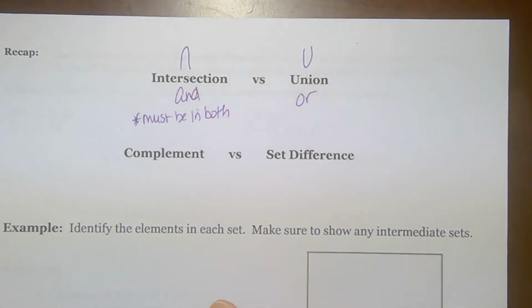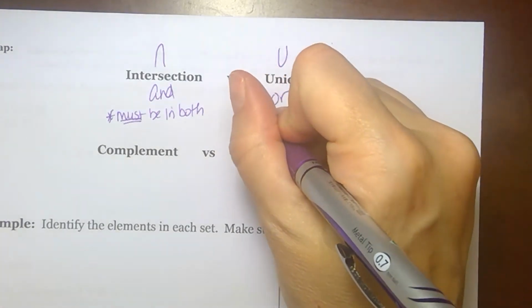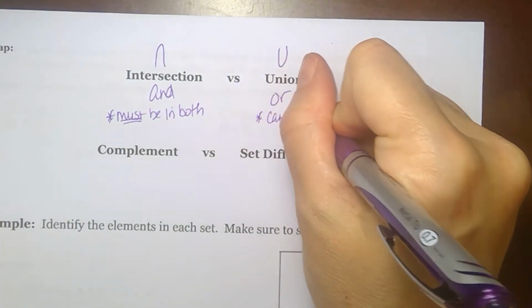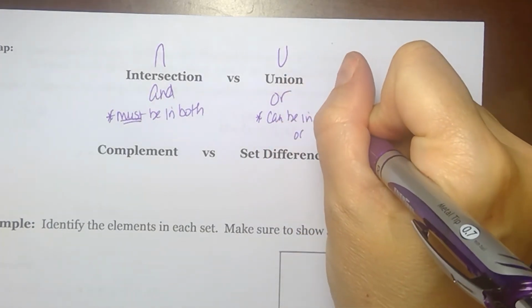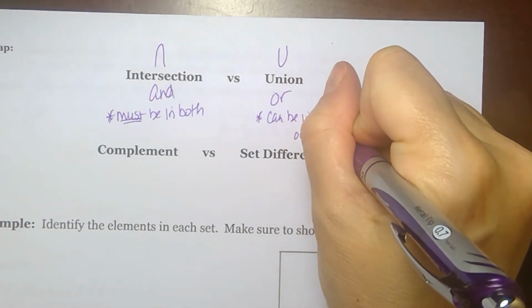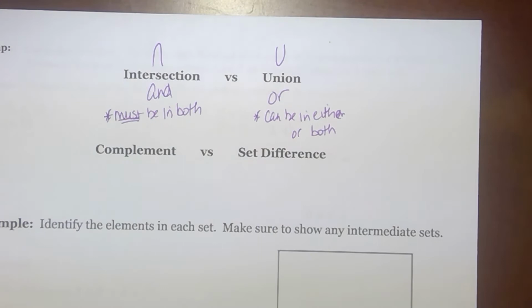Later on, when we're doing 3 sets, to be in the intersection of all 3, it would have to be in all 3. Union can be in either or both. Remember, it's my inclusive or. It can be in either set A or set B or both sets.